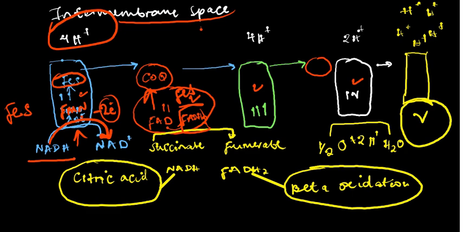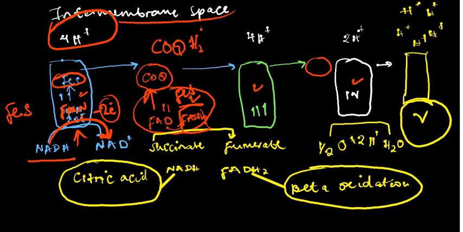Now the amount of free energy that's released during these reactions is not enough to pump protons across the inner membrane. So the coenzyme Q, when it accepts the electrons, becomes reduced to ubiquinol, which is coenzyme Q H2.